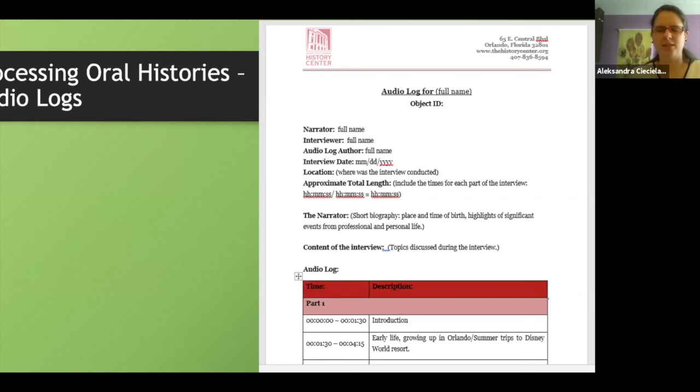Just four or five sentences about the most important parts of somebody's biography. When you create those documents, you have to think about what the person who is going to use them will be looking for.